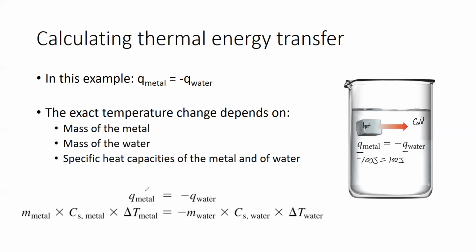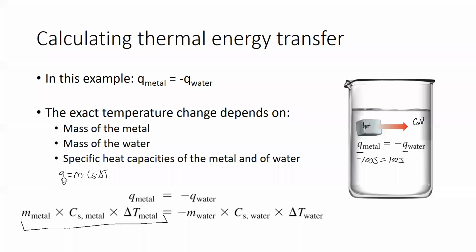And since we're talking about energy exchange due to heat, we can calculate Q using specific heat capacities. We just talked on the last slide about how heat equals mass times Cs times delta T. So I'm plugging that in for Q metal: mass of metal, specific heat of metal, delta T of metal, equals negative Q water.